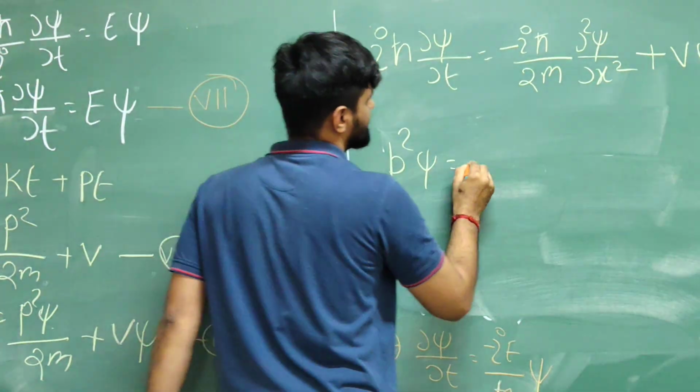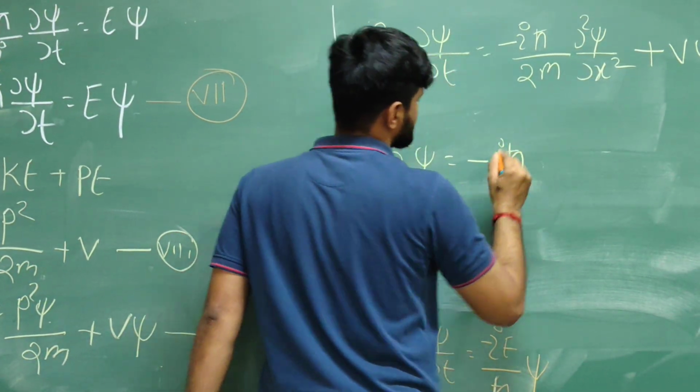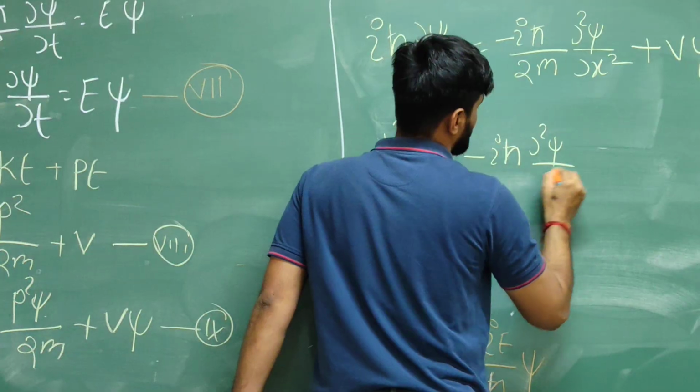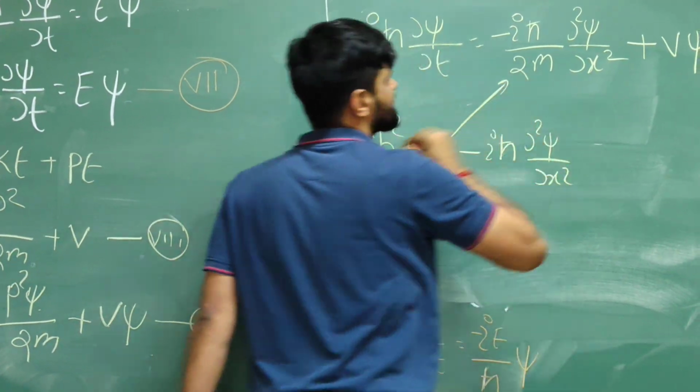Because the value of p square psi we got, that was equal to minus h square del 2 psi by del x square, and this value I have substituted here.